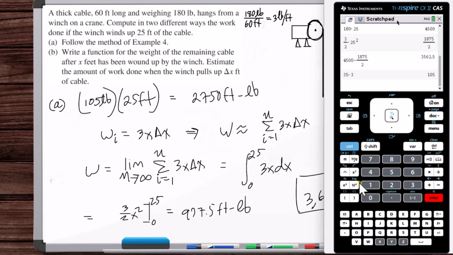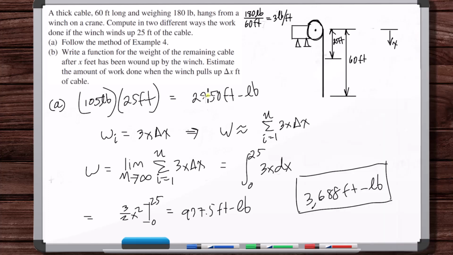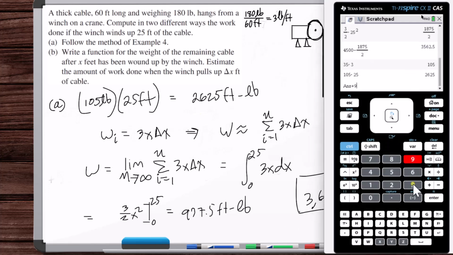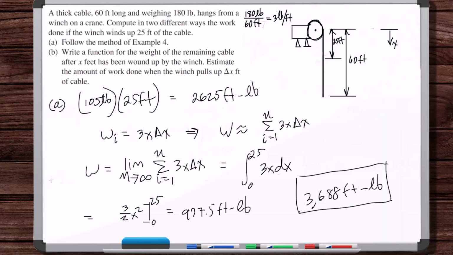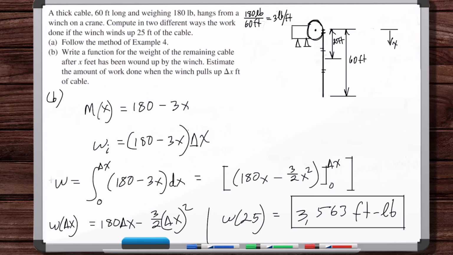So 105 times 25 is 2625. All right. And then in that case, you do 2625 plus 937.5, 3563. Okay. There we go. Now they're the same.